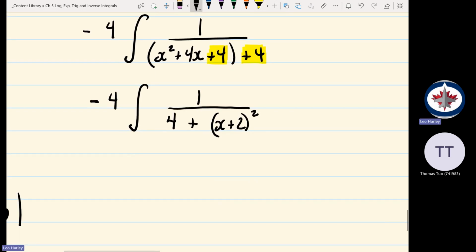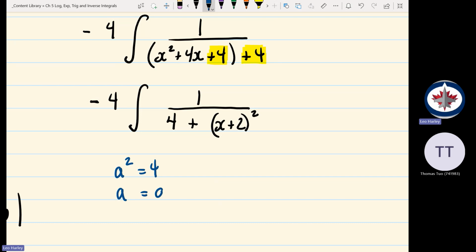Now that we've got it in this particular format, we can see that a squared happens to be equal to 4. A itself happens to be 2. U squared is x plus 2 all squared. Therefore, u itself is x plus 2.